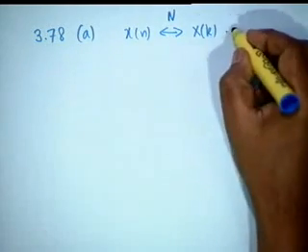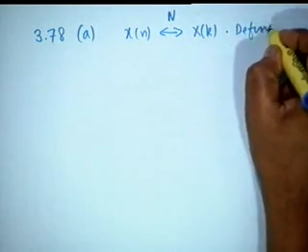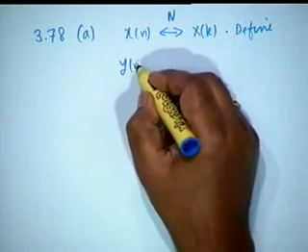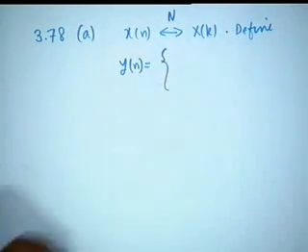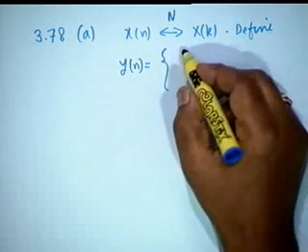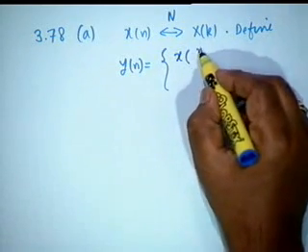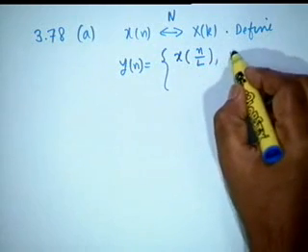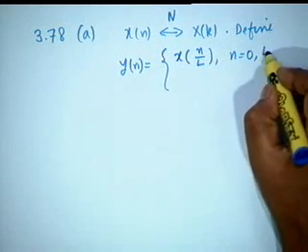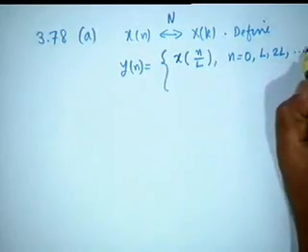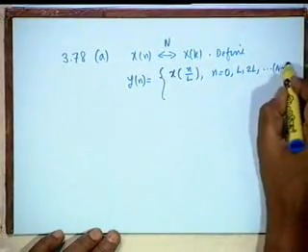All right. Then define a sequence y of n, which is the upsampled version of x of n, that is x of n by L, n equal to 0, L, 2L, up to N minus 1 L.